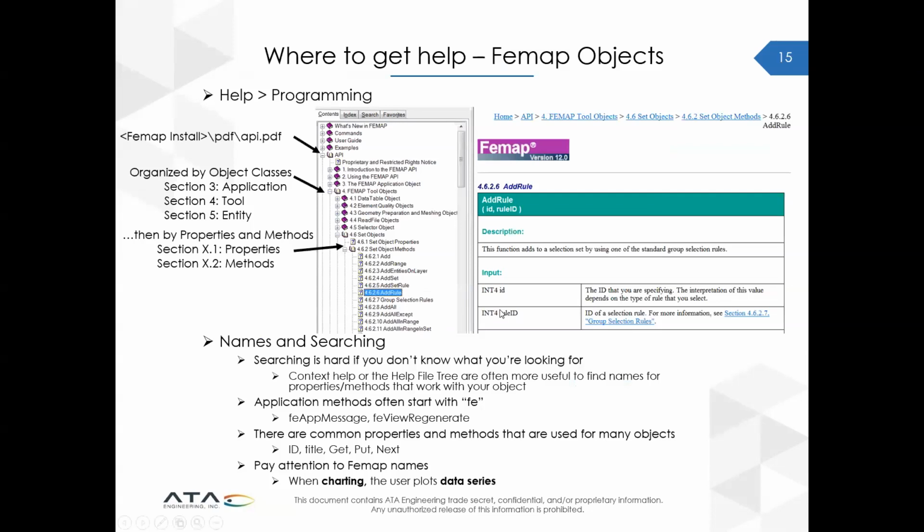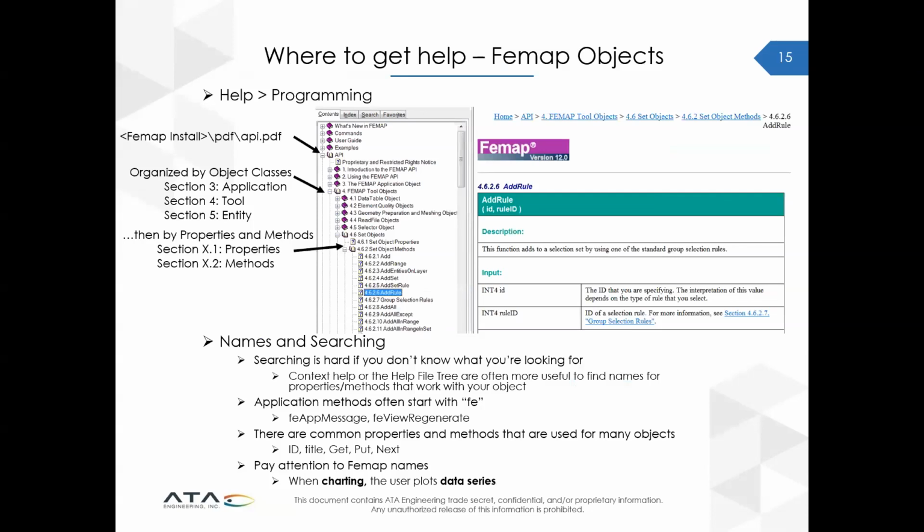A lot of the application methods start with FE, so FE and then some sort of semi-descriptive name. So that's good to know about, especially if you're trying to search. And the other thing to watch out for, there are common properties and methods that are used for many objects, and so they might show up somewhere else in the help file. So things like ID, title, get, next, those are useful in many applications for different objects.